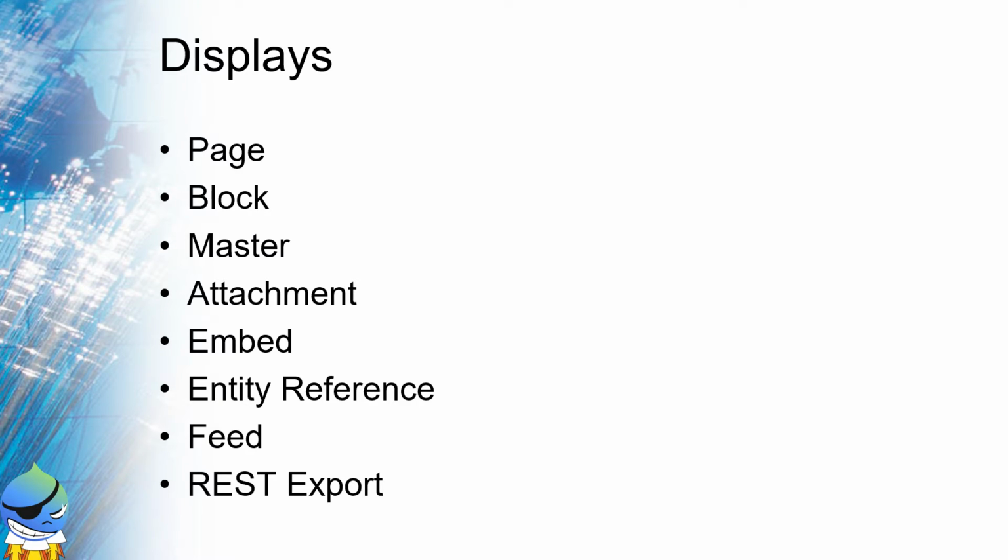A feed is an RSS feed going out. So if I'm a blog, I would create a feed for each blog, sub-blog, and make it available on the sub-blog's overview page. And that way, people with RSS readers could subscribe. And then finally, we've got Drupal 8's new thing, which is the REST export.